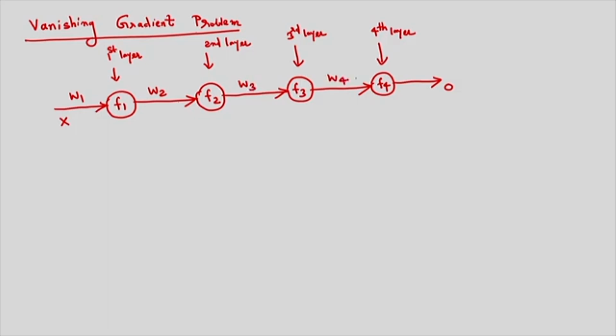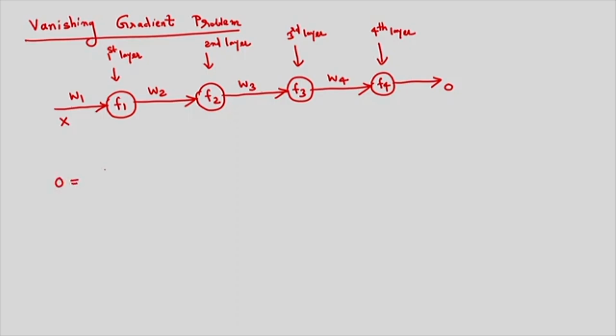These are the weights corresponding to this 4 layered network. We are assuming that W1, W2, W3, W4 are scalars, and the activation functions are also scalar. That means the corresponding output will also be scalar. So what will be the output of the network? The output of the network is O.